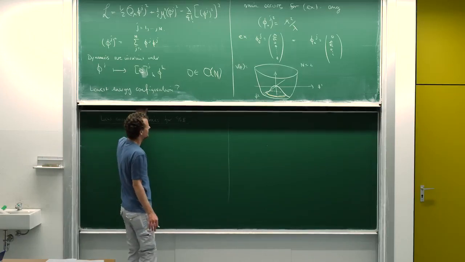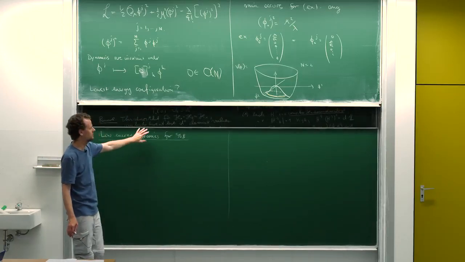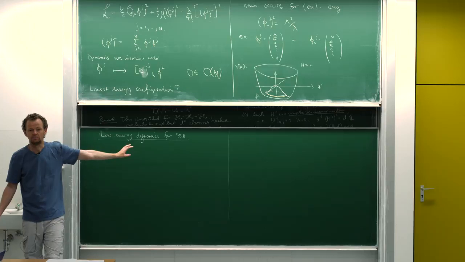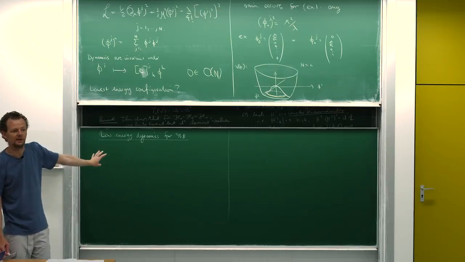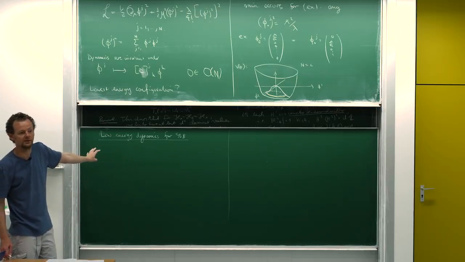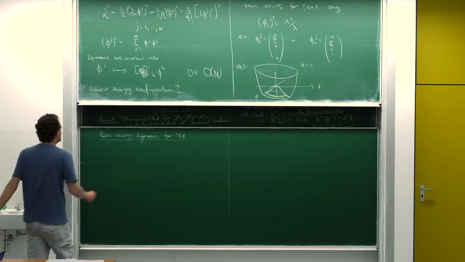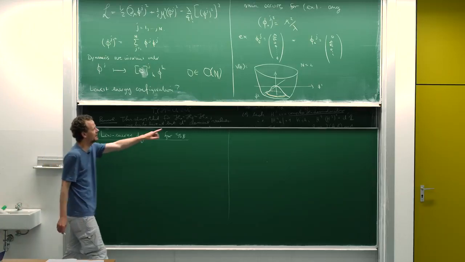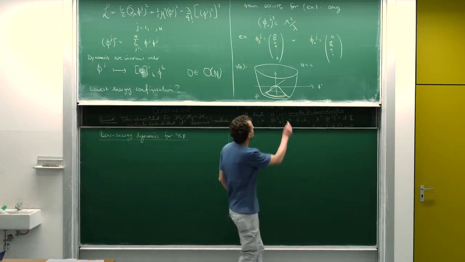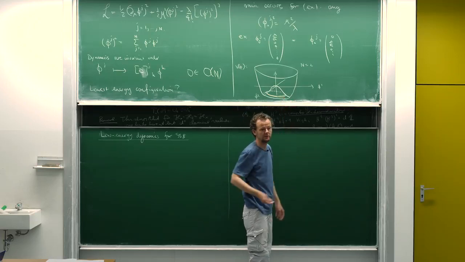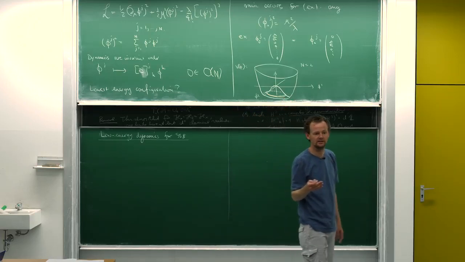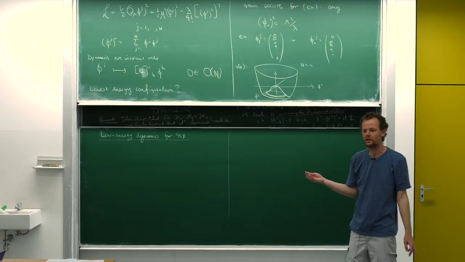But if you're dealing with one particular field, it's a boring place to be, the ground state. There's no dynamics, nothing happens there. So we want to understand the low energy dynamics. How does this system behave when you're a little bit away from the lowest energy configuration? As a dynamical system, what does it look like?